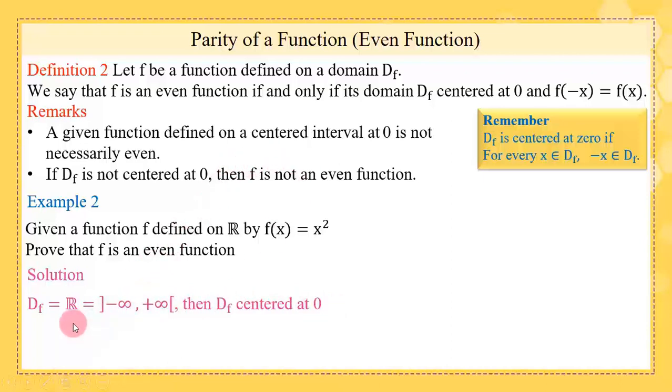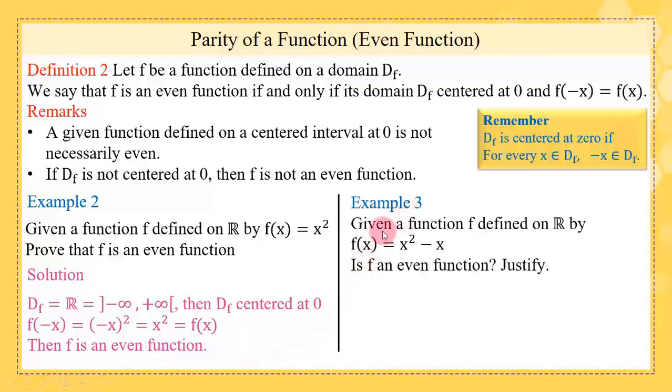We check if f of minus x equals f of x. Here f of minus x equals minus x squared. We replace x by minus x. We get x squared, which is equal to f of x. So the conditions are verified. Now we say that the function f is an even function.